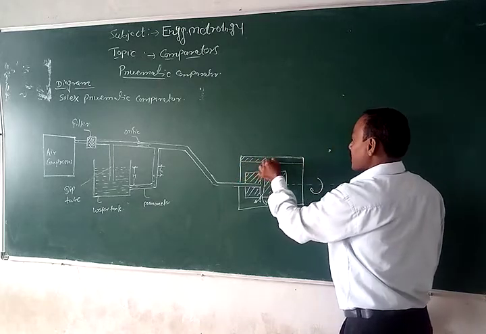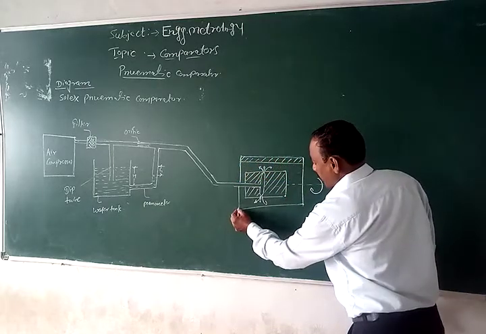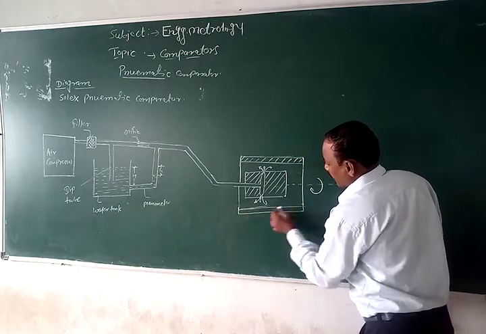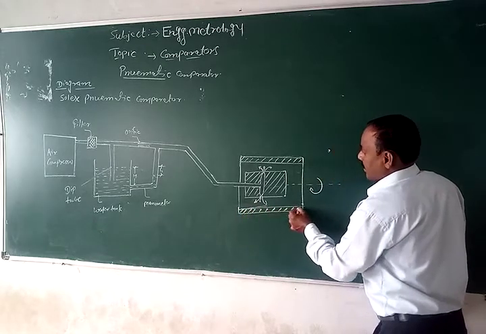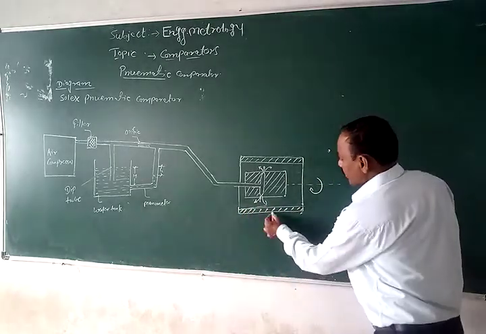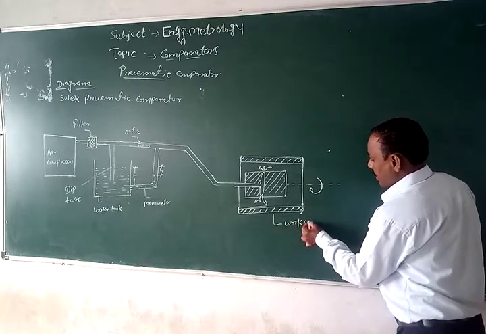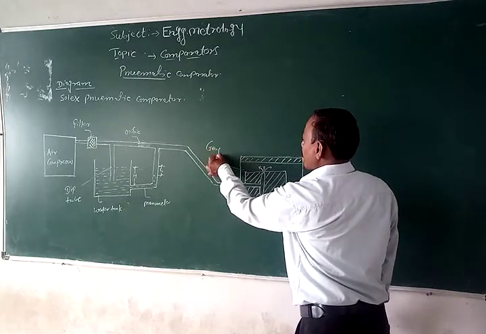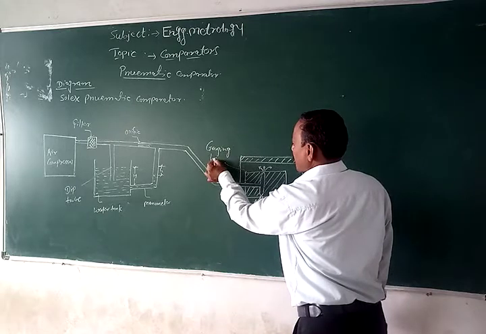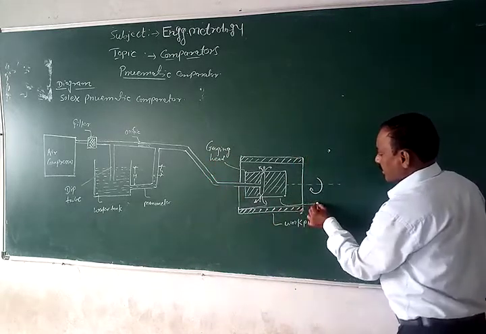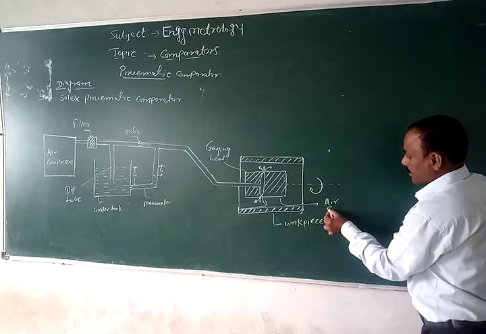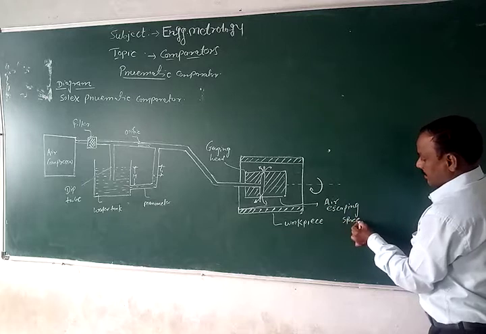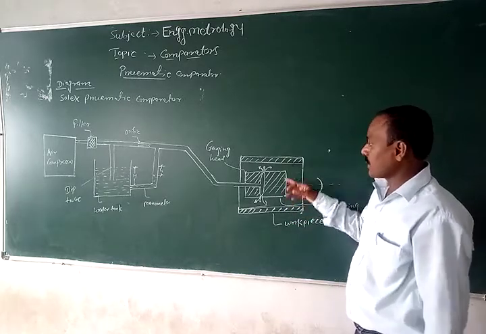We have to measure the variation of dimension. This space is where the air escapes, the air escaping space.